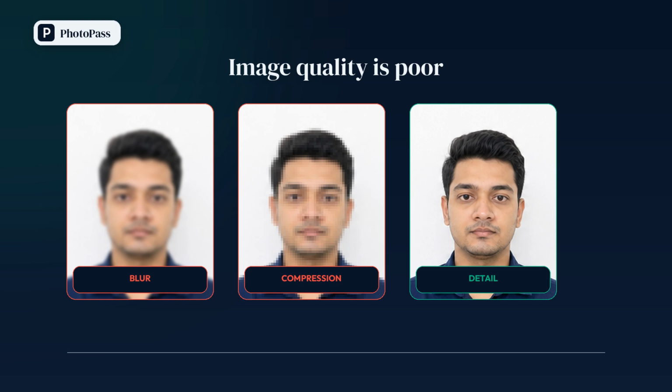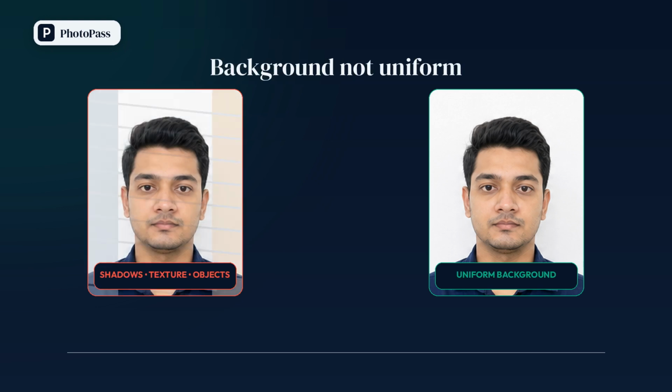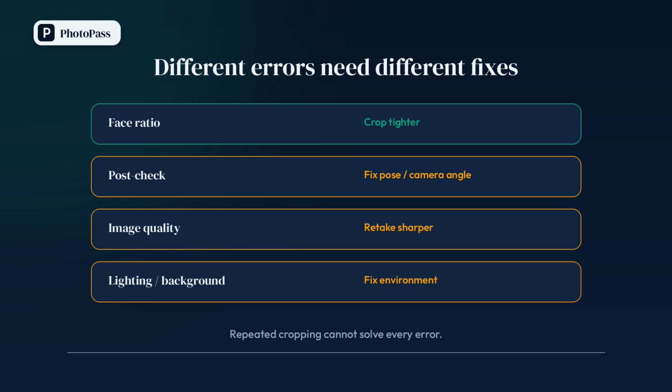Image quality is poor may indicate blur, heavy compression, poor focus, or insufficient detail. Uneven lighting points to shadows or major brightness differences across the face. Background not uniform means the background contains shadows, texture, color changes, or visible objects. These errors require different fixes. Repeatedly cropping the image will not solve every Passport Seva photograph problem.